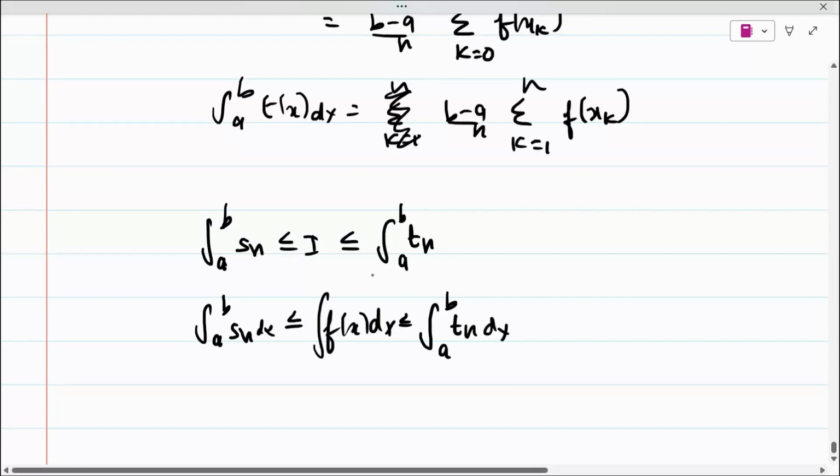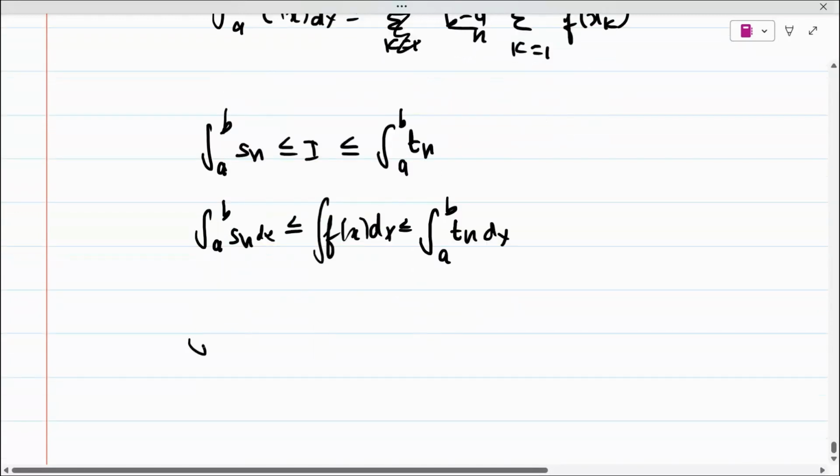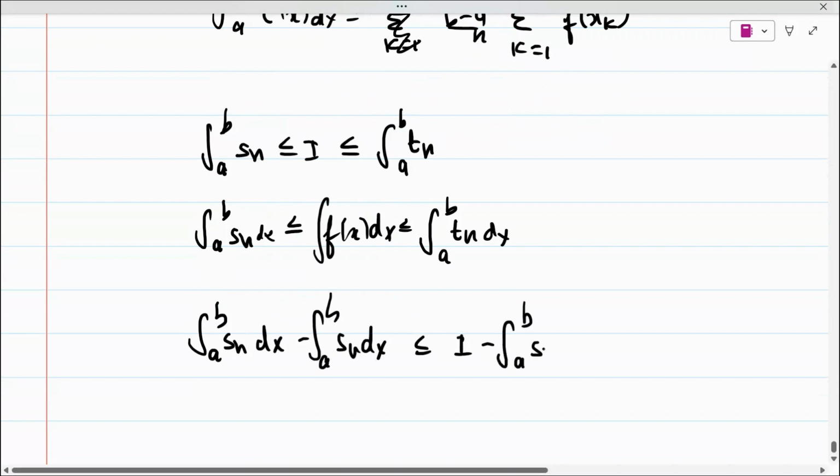So now the integral over AB dx minus that same, equal to I minus dx.